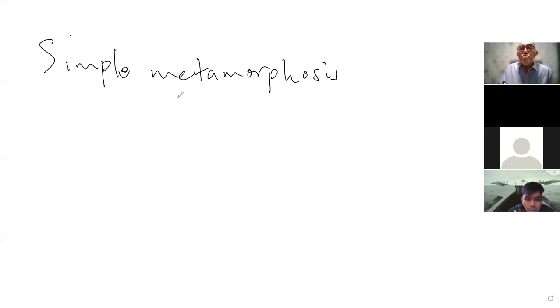Simple meaning that it does not undergo the complete change like holometabolous insects, like for instance, Lepidoptera, the moths and the butterflies, and Coleoptera, the beetles, and so on and so forth. It is simple in name, but complex in nature, but never complete. It is still incomplete. I hope I do not confuse you.